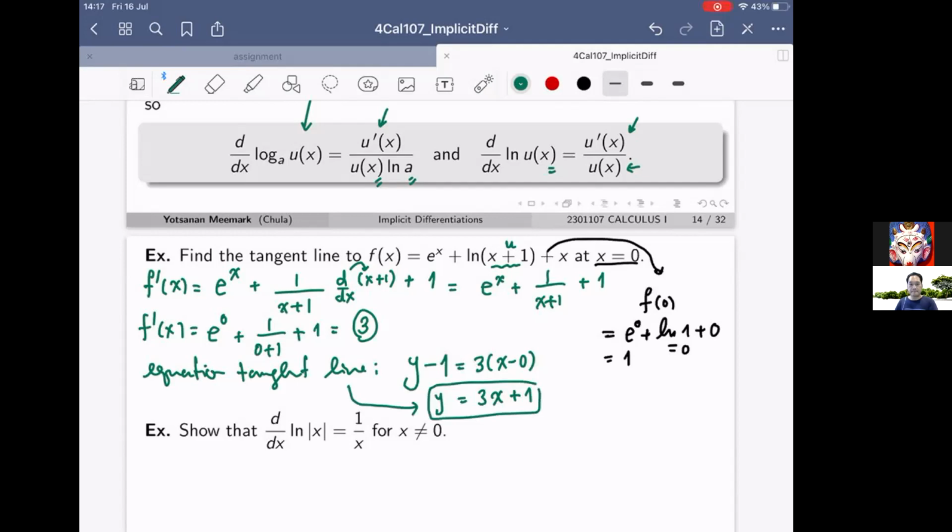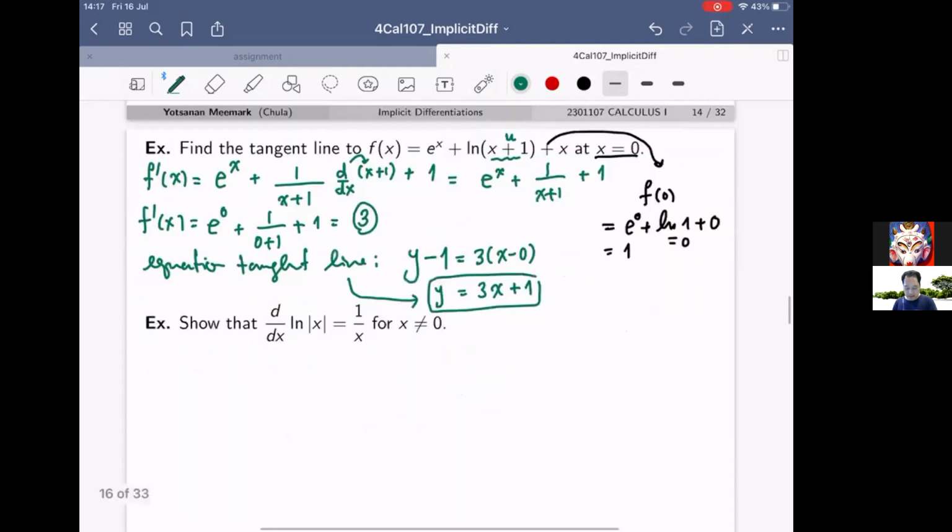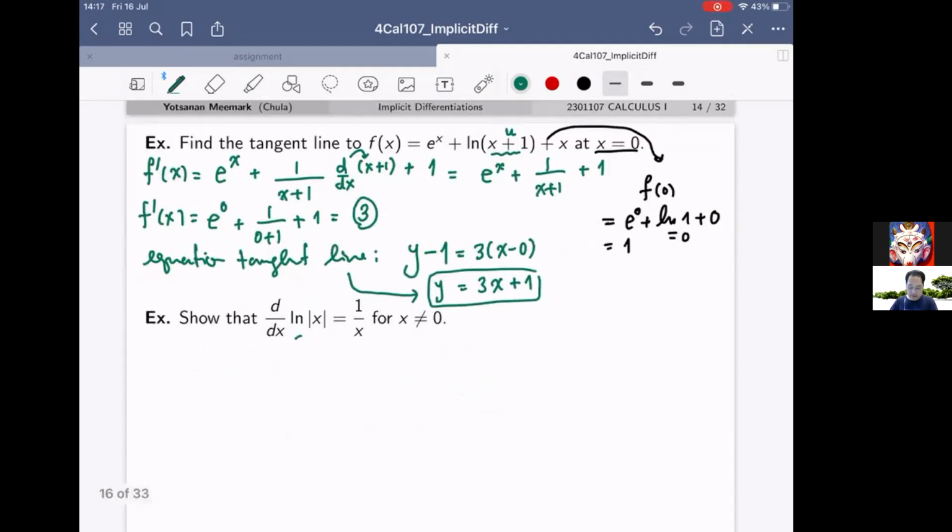Actually, we can say that the derivative of the logarithm of the absolute value of x, we are not going to show it, but we are going to use it. It is not only x, but also the absolute value of x, and you can find that the derivative becomes 1 over x, for each and every x that is not equal to 0.